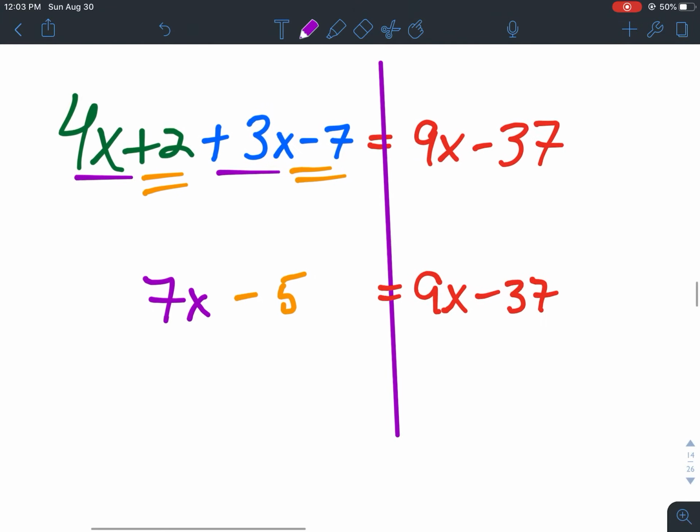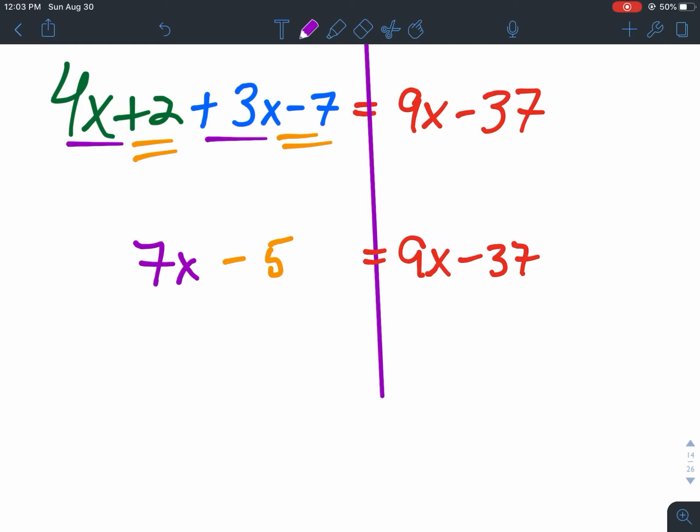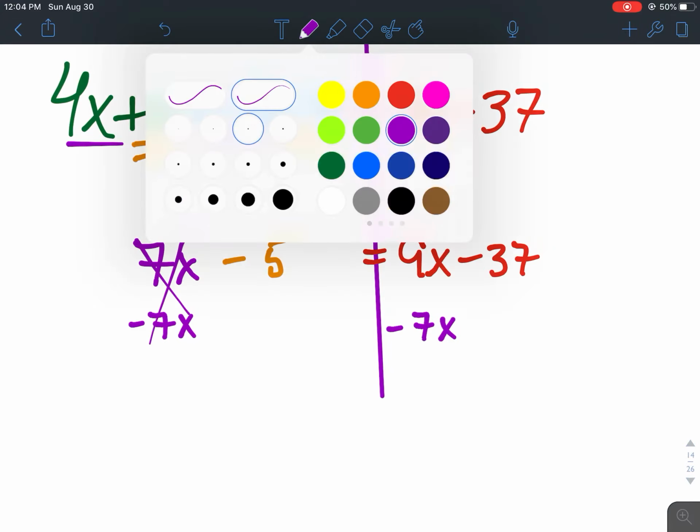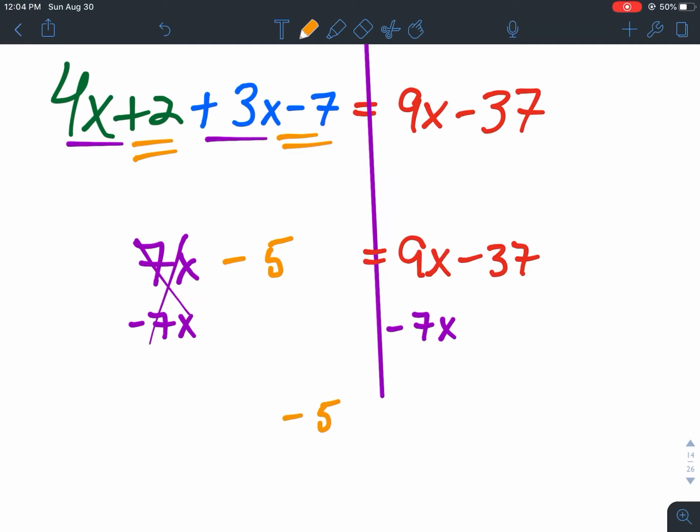Now, because I want to subtract the smaller x over to the other side so we can keep positive numbers, I'm going to subtract the 7x from both sides. So we're left with negative 5 equals 2x minus 37.